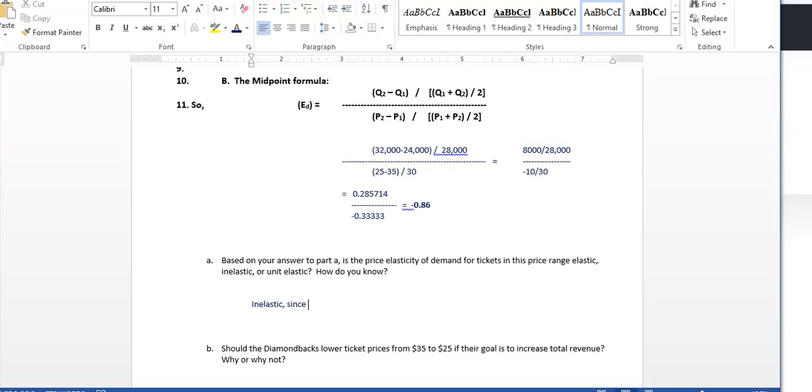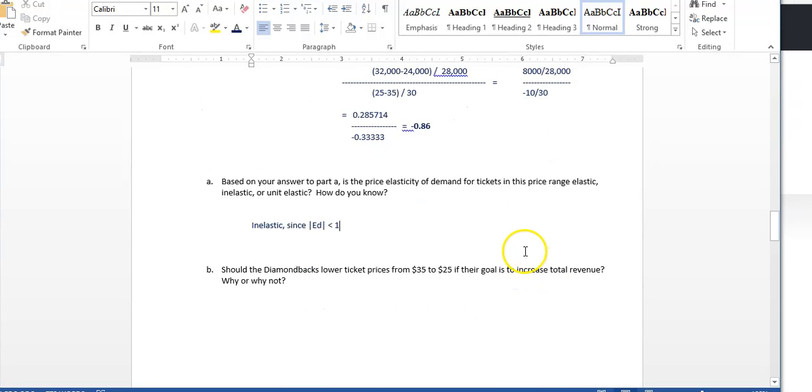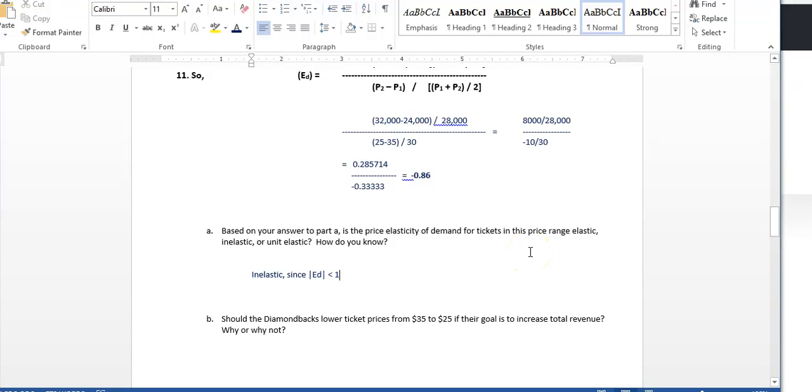We'll use this for absolute value. Absolute value is less than 1, right? Percent change in quantity smaller than percent change in price. That means consumers are relatively less sensitive to that change in price, meaning demand is inelastic.